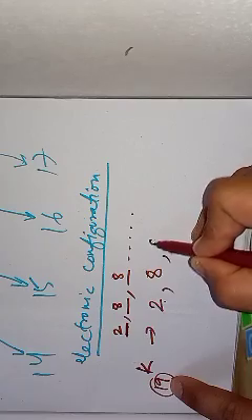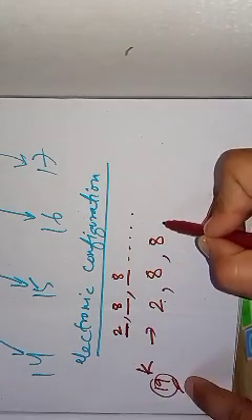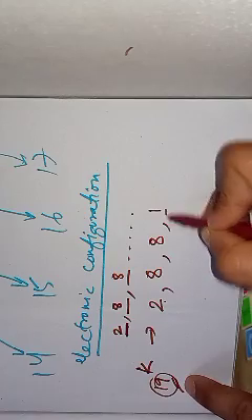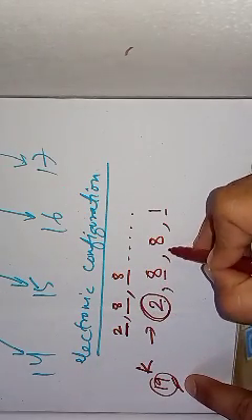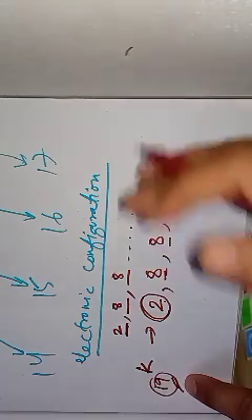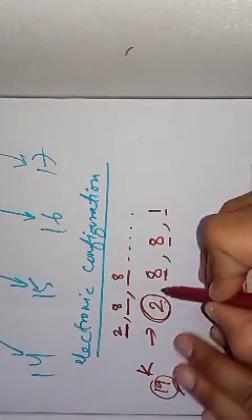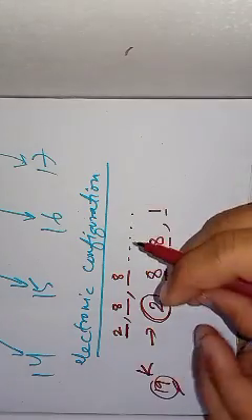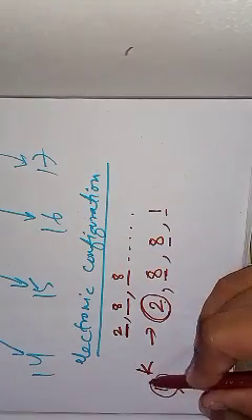Again I will give 8 electrons in the third shell. How much left? 1. So you can give 1 electron in the outermost shell. So the first shell will have a maximum of 2 electrons, and the second and the third will have 8 electrons as maximum. So this is how I have grouped the electrons from this number.